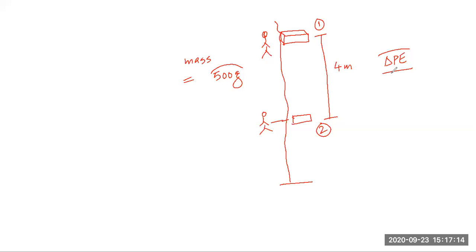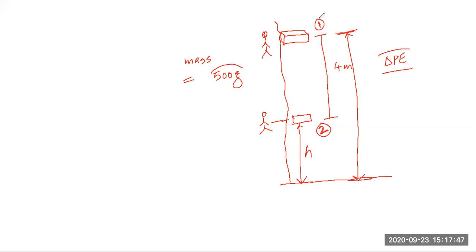It's an interesting sum. So students, this is the ground. First, we will calculate the potential energy of the body at this height. Let us say this height is h. Here we will take the height from the ground. This is h, not 2 meter. This is position 2.